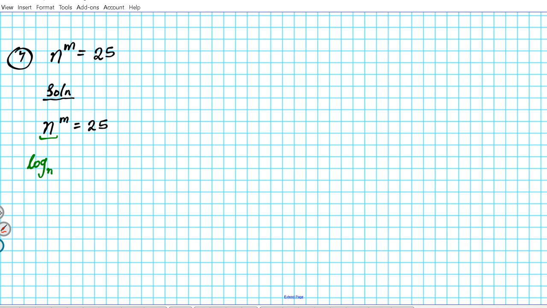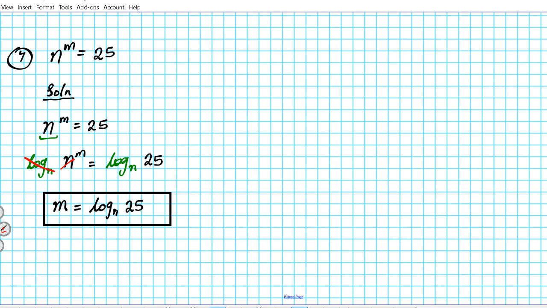So log base n of n raised to the m power is equal to log base n of 25. On the left side, you see a cancellation action happening. Log base n and this n are gone. So we have m is equal to log base n of 25. Alrighty, so that's the answer to question number 7.